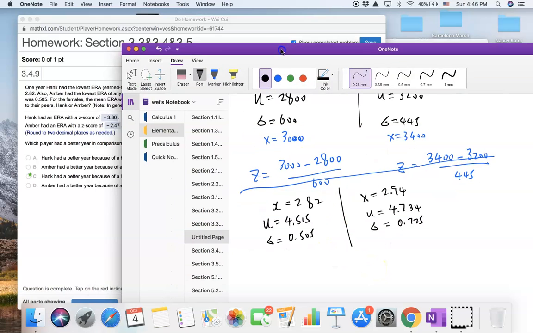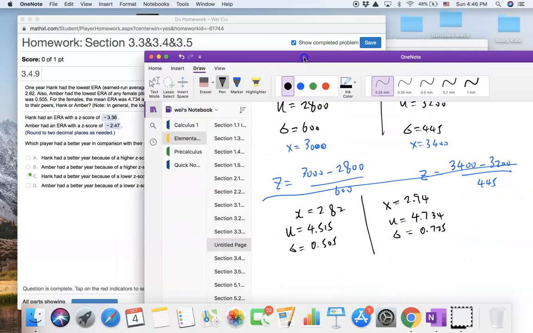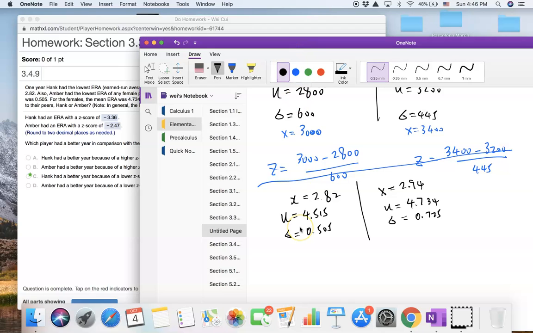That person would be a better pitcher. So for Hank, his z-score is 2.82 minus 4.515 divided by 0.505.